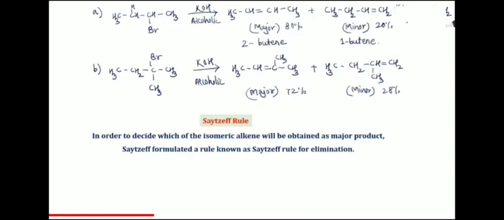Here, 2-bromo-2-methylbutane in the presence of alcoholic KOH gives 72% of the major product and 28% of the minor product.